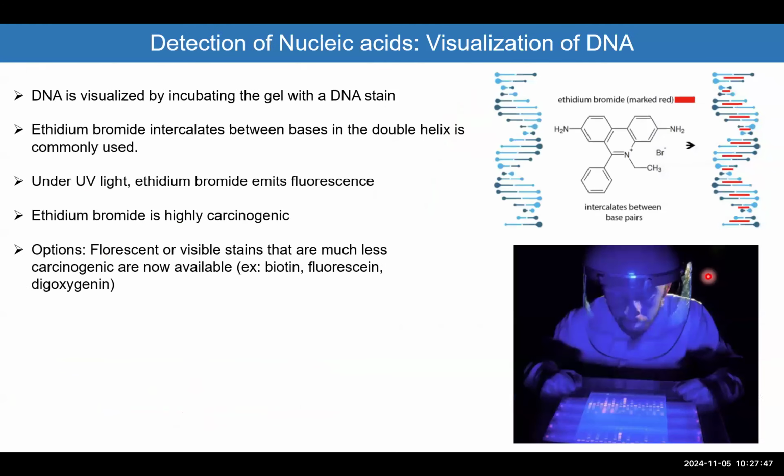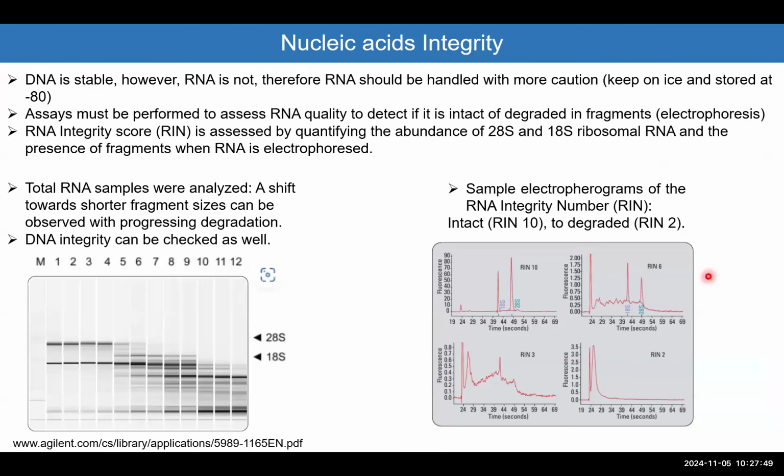And lastly, we can test the RNA integrity by looking at the RNA on the gel. So you can load the RNA on an agarose gel, and then you check the presence of the 28S and the 18S. And sometimes you see the 5S as well.